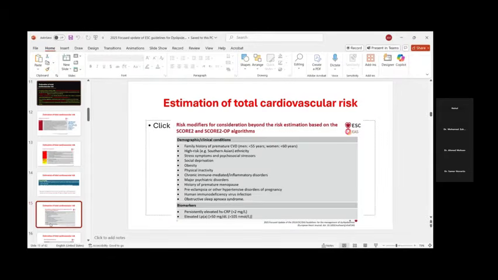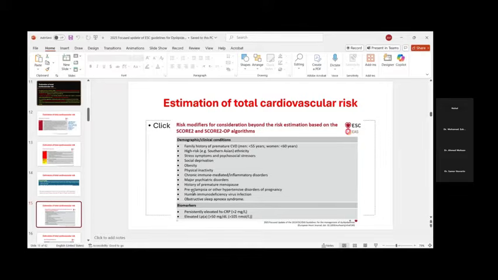And one of the new updates in these guidelines is the addition of the risk modifiers. These risk modifiers can be used in patients with moderate risk for further reclassification.